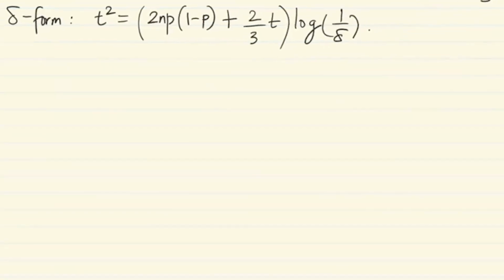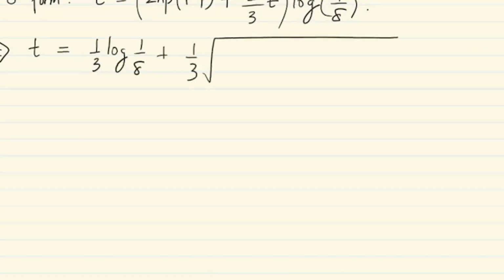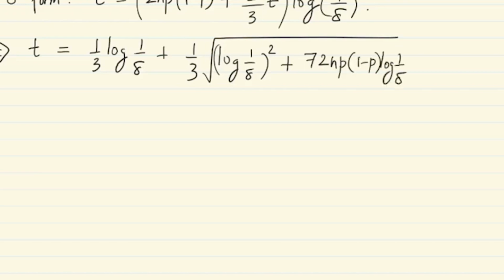This is a quadratic equation in t, and it turns out that if you actually solve it in closed form, you will get t equal to 1/3 log 1 by delta plus 1/3 square root of log 1 by delta whole square plus some constant, 72 np(1 minus p) log 1 by delta, all under the square root.